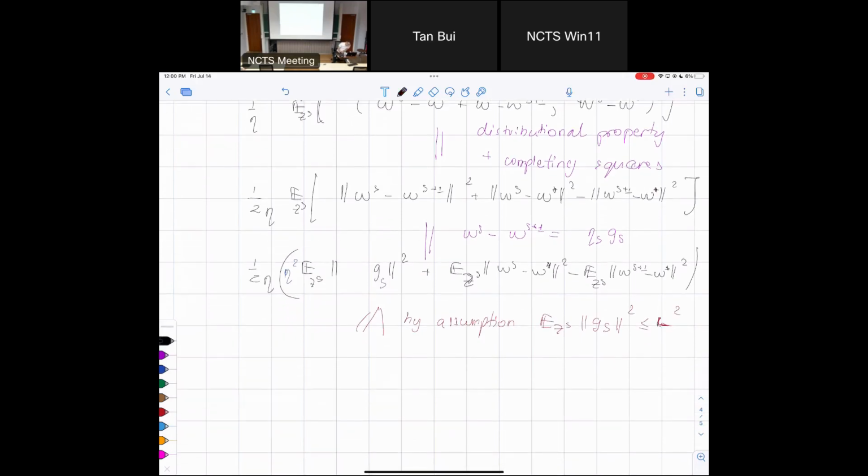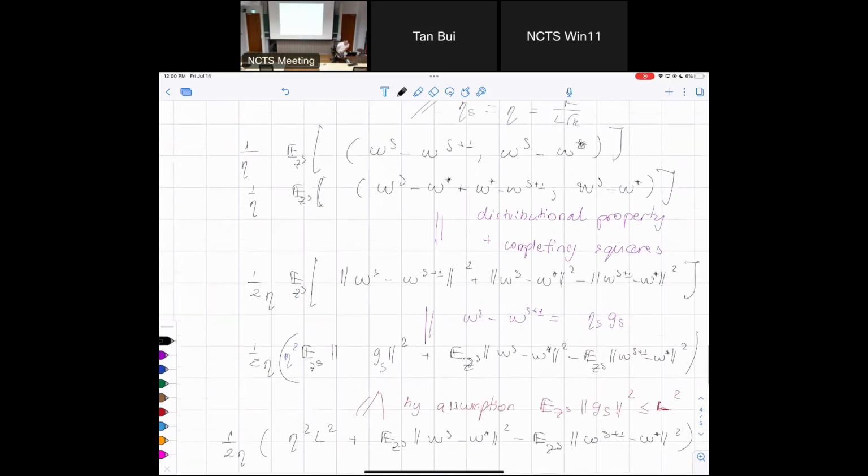So then the whole right hand side there is 1 over 2 eta of eta square L square plus expectation with respect to Z_S of W_S minus W star square minus the expectation with respect to Z_S W_S plus 1 minus W star square.